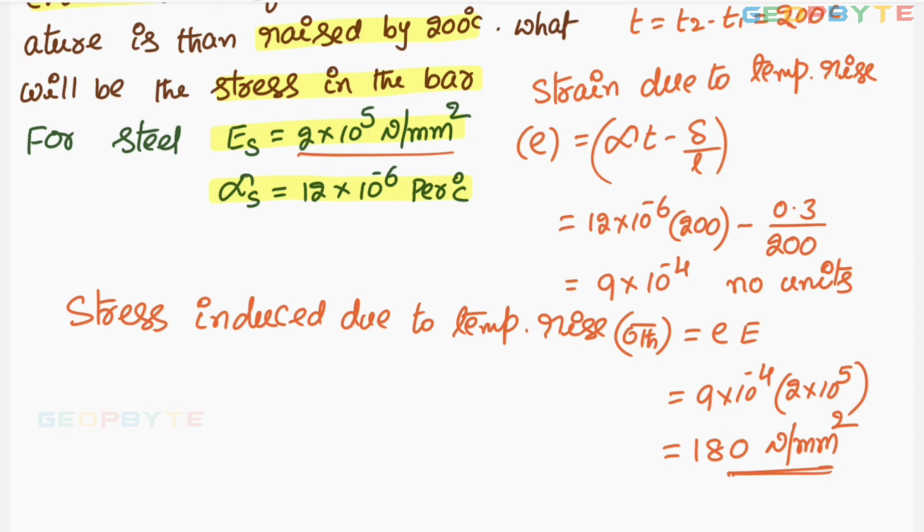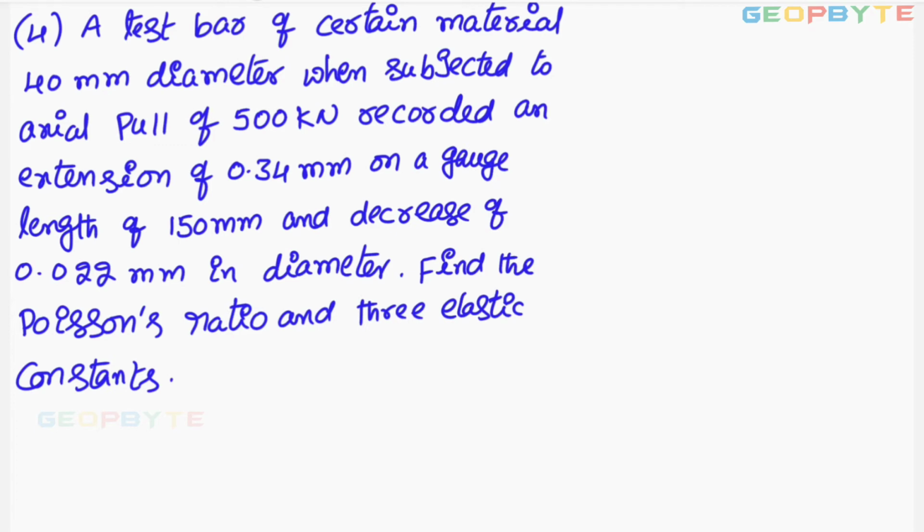Let us take one more problem. Look at the next problem, dear students. A test bar of certain material 40 mm diameter, when subjected to axial pull of 500 kilonewtons, recorded an extension, means increase in length, of 0.34 mm on a gauge length, means original length, 150 mm, and decrease of 0.022 mm in diameter.